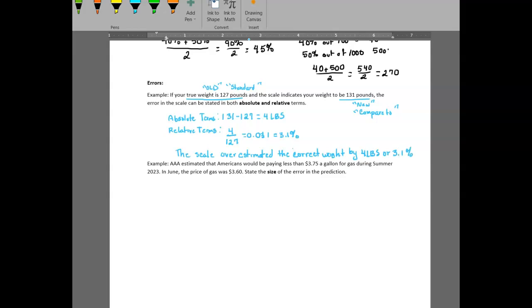So again, a complete sentence to indicate this. This time we're using the word overestimated or underestimated, or overpredicted or underpredicted.